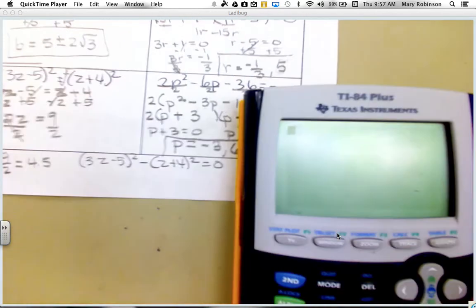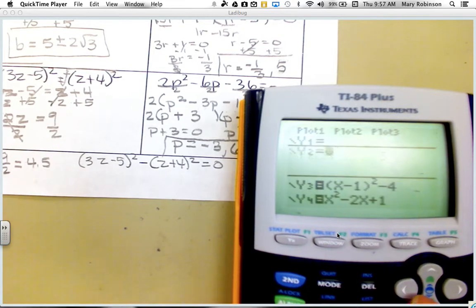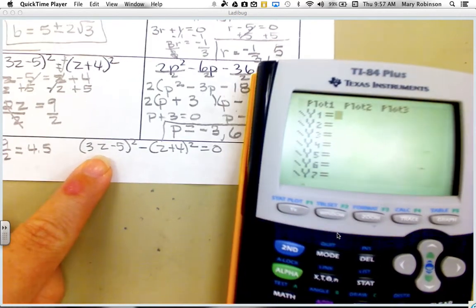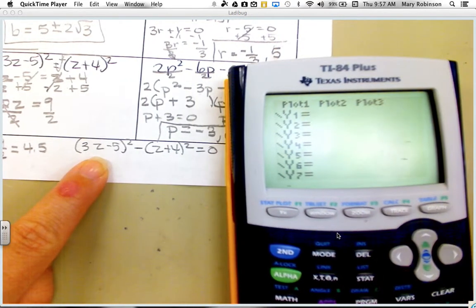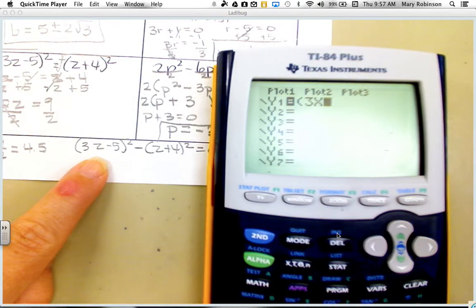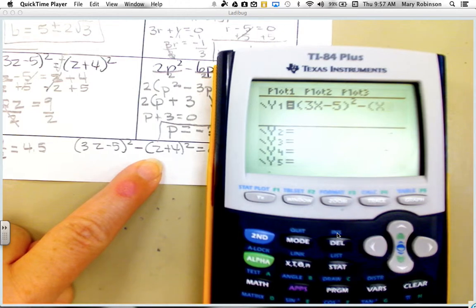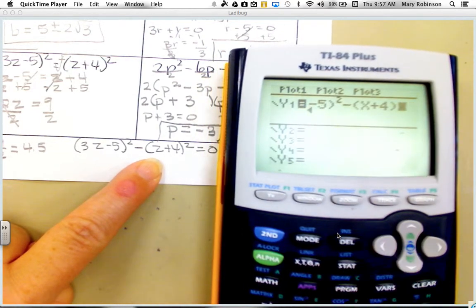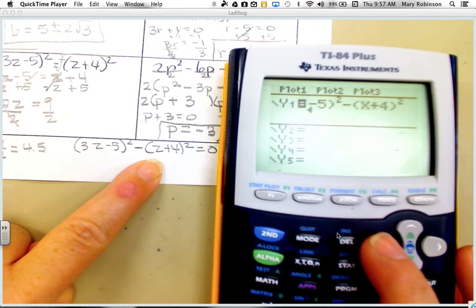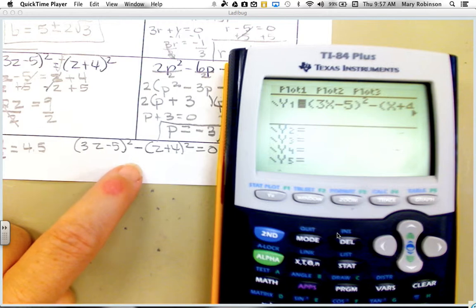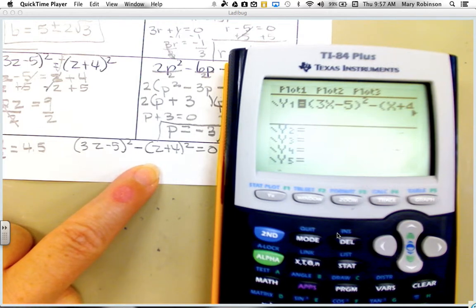So what I want us to do is go to y1 in our calculator, clear out anything you already have in there, and type this in. But of course, in place of z, we use x. So the quantity 3x minus 5 squared minus the quantity x plus 4 squared.